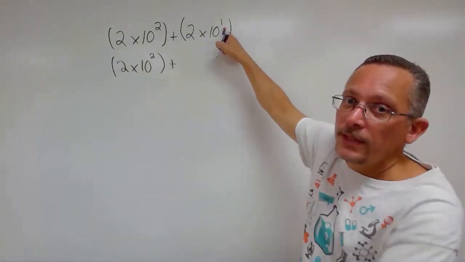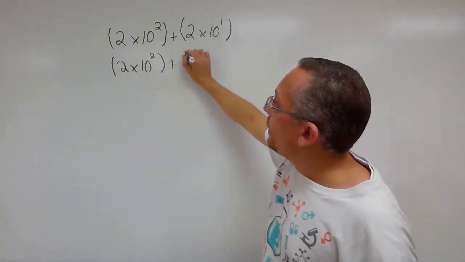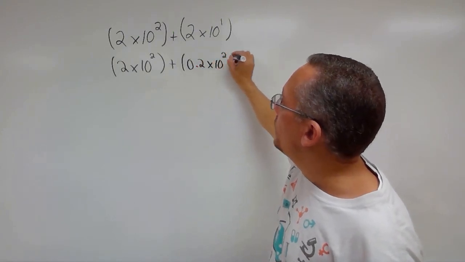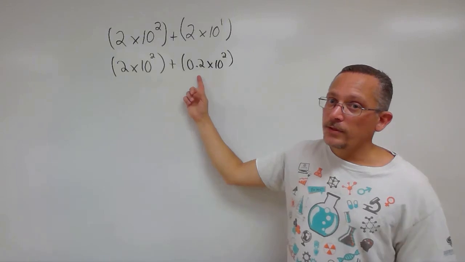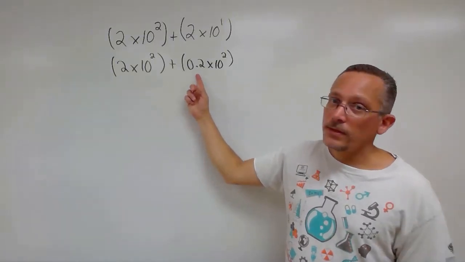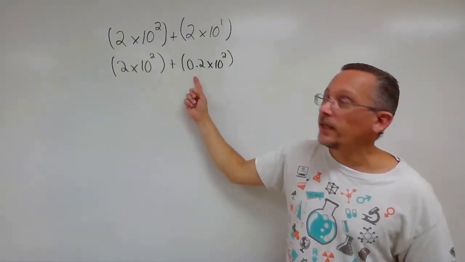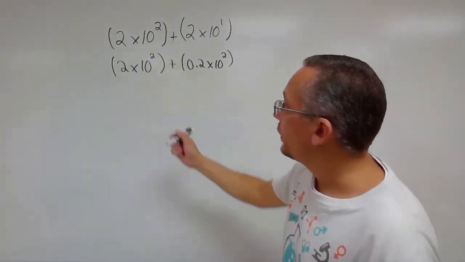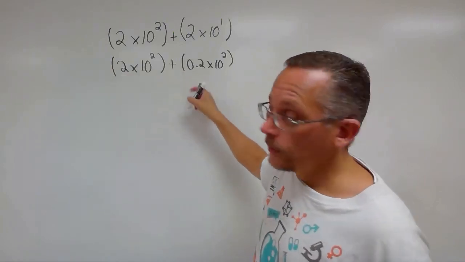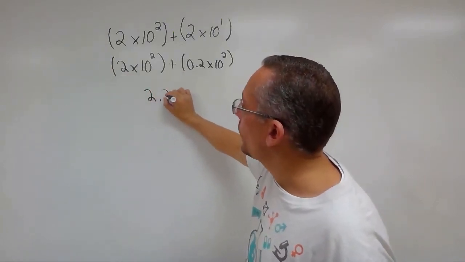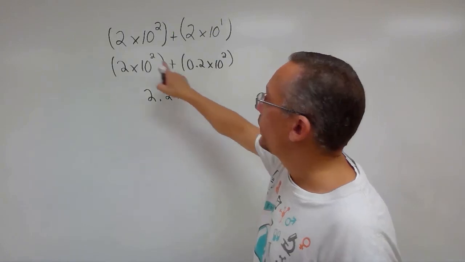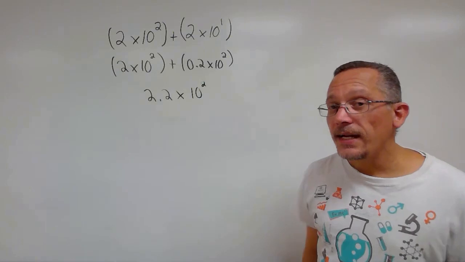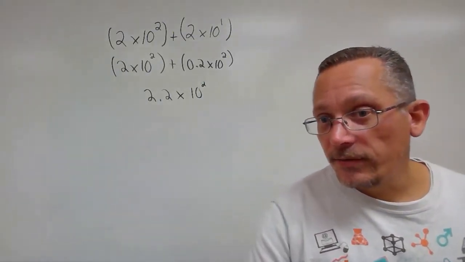I can move it one more place to make it a 10 to the 2, which will make it 0.2 times 10 to the 2. Now, is that proper scientific notation? No, because this number is supposed to be between 1 and 10. It's not. But writing it like this helps me add them together. So I'll end up with 2 plus 0.2, which is 2.2, and these are both 10 to 2. So that's adding and subtracting numbers that are in scientific notation.